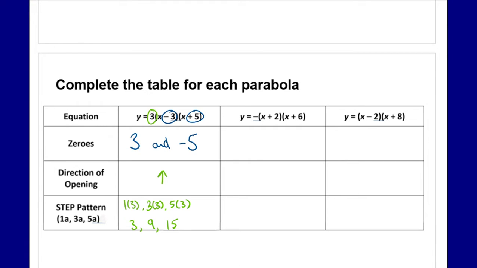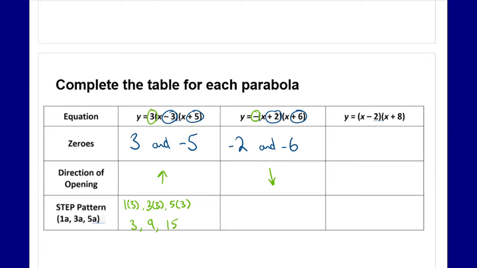Looking at the next one, y equals negative x plus 2 times x plus 6. Again, we're looking at the two numbers inside the brackets, and we're taking the opposite of them. So negative 2 and negative 6. For the direction of the opening, we look at that a value. In this case, it's negative, so that means we're opening down.